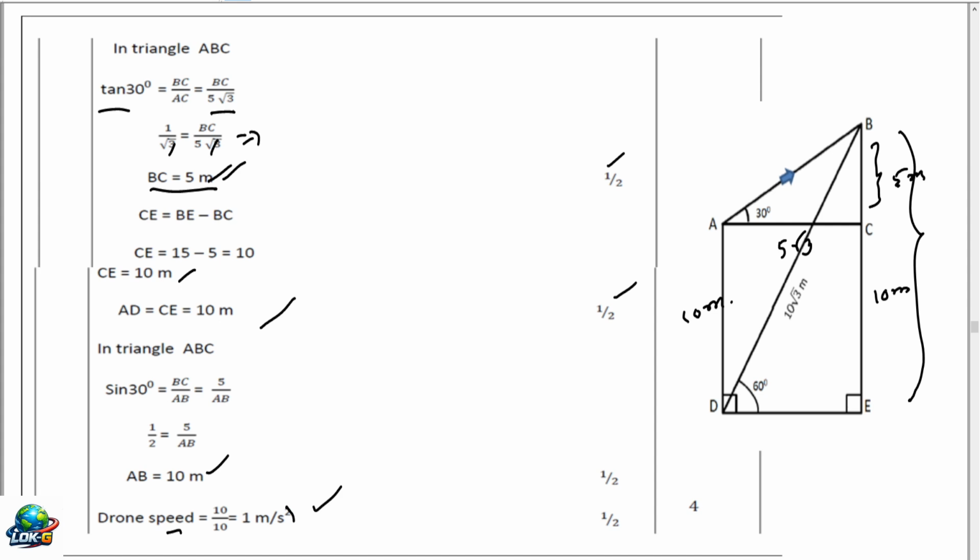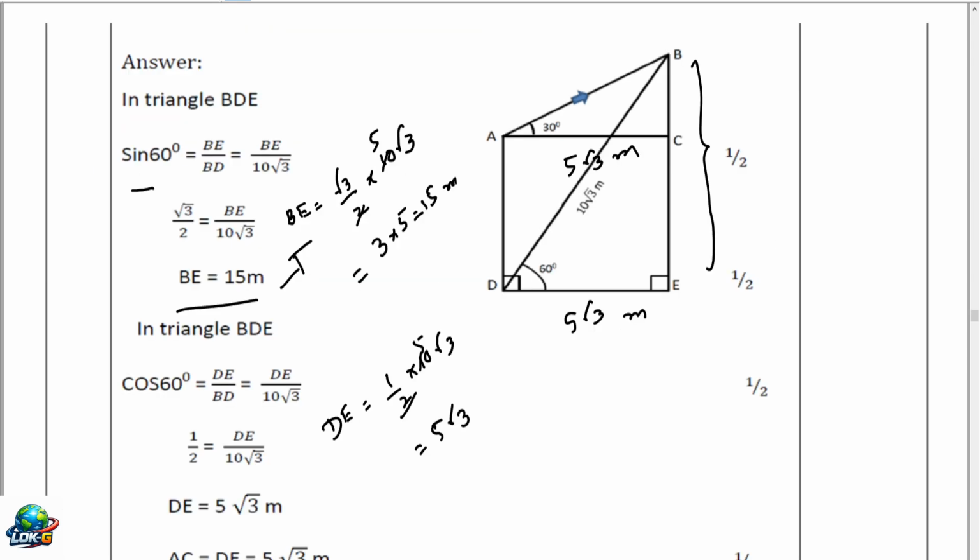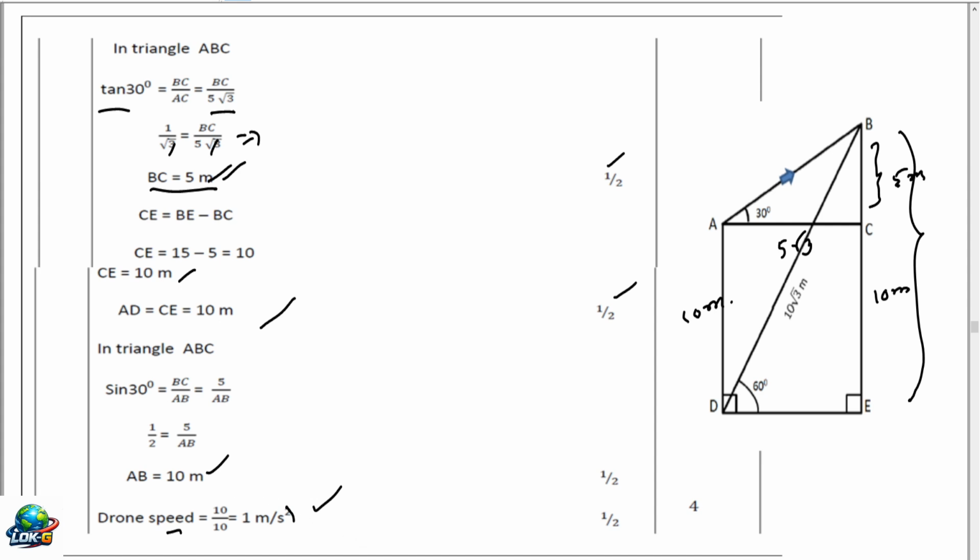Distance covered upon time taken. What was the question there? Speed of the drone, distance covered upon time taken. Look at here, AB is equal to 10 meter. The speed will be distance covered upon time taken.